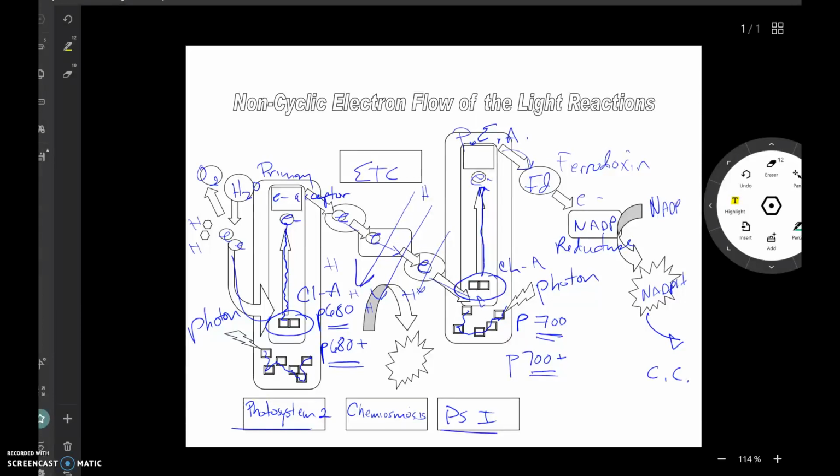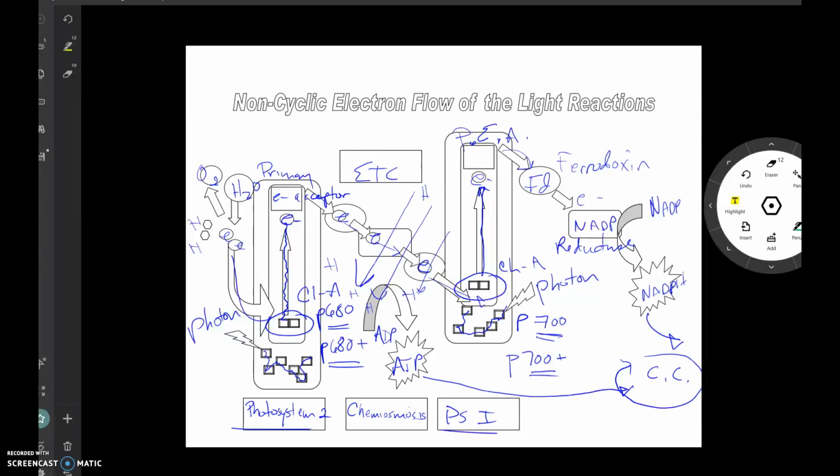As that chemiosmosis takes place, we are able to couple the downward flow of hydrogen through ATP synthase to produce ATP. So we have ATP and we have NADPH, which are going to go to our Calvin cycle.